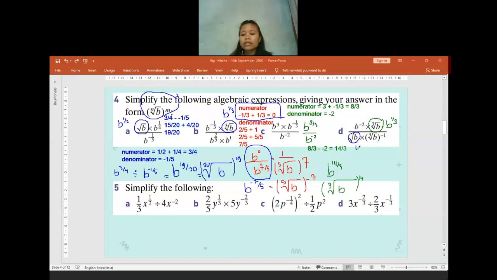And for the other term, we can change it into b to the power of negative 1 per 3. Is there anyone who disagrees or gets confused when I change all of the roots into fractional indices?